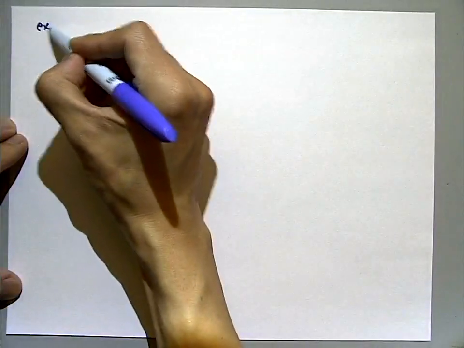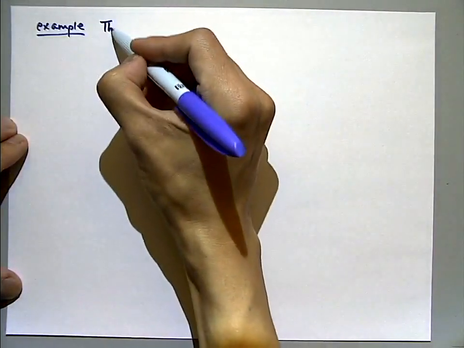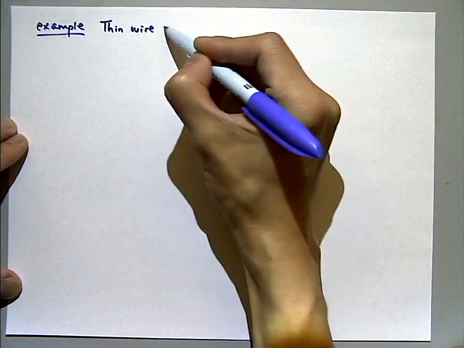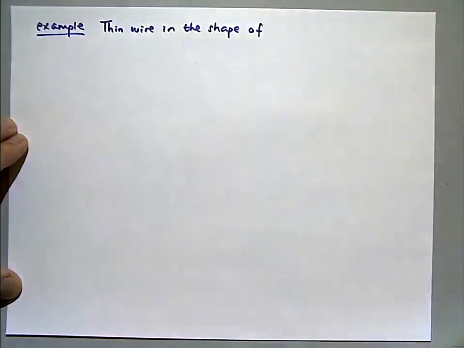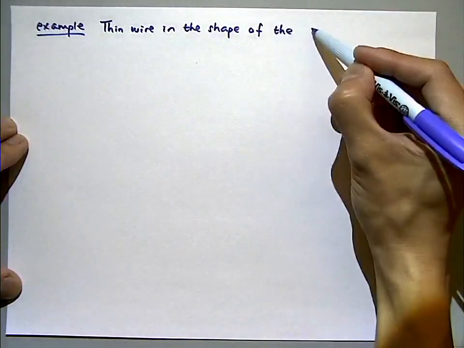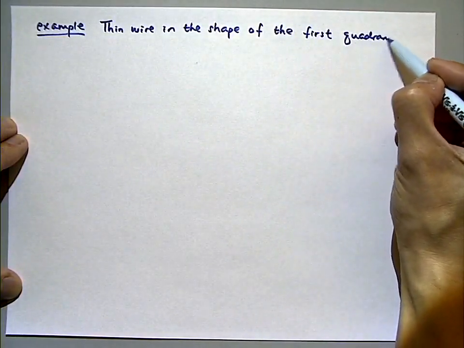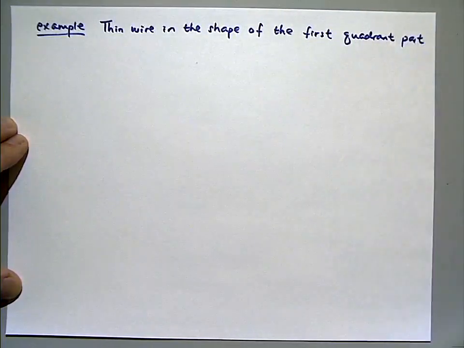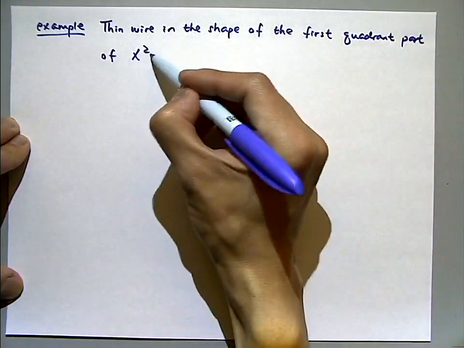All right, let's try this on something. Let's try this one. We have a thin wire in the shape of the first quadrant part of x squared plus y squared is equal to 1.